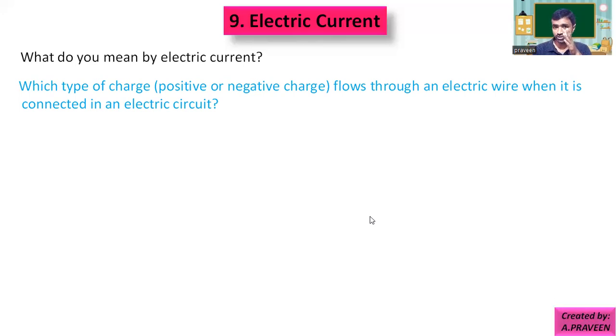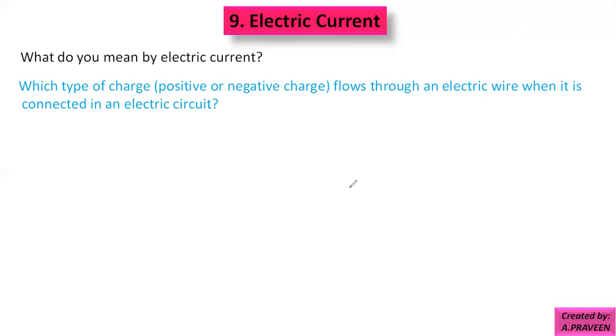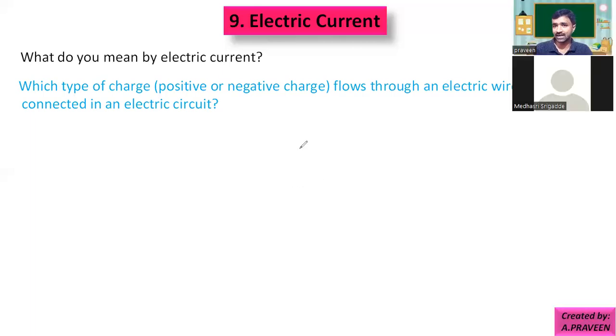It may be positive or negative. Sir, why are you saying positive, negative? Because in your 9th class, you learned about atoms. What is actually inside an atom? Can anybody answer me? In structure of atom also we learned. Just answer me, what is inside an atom?